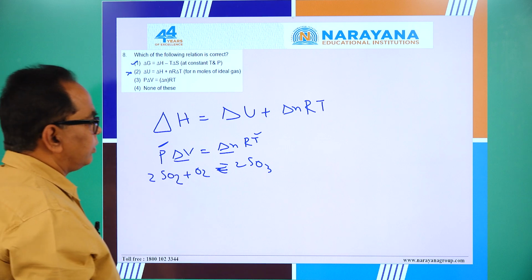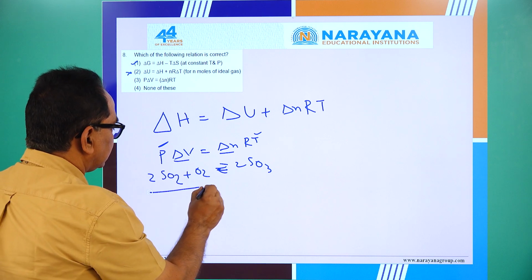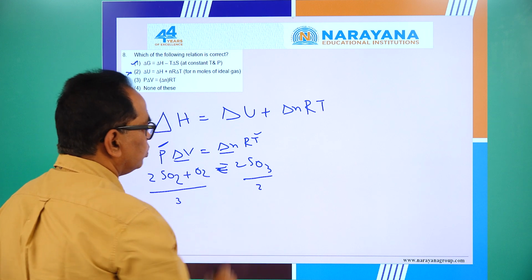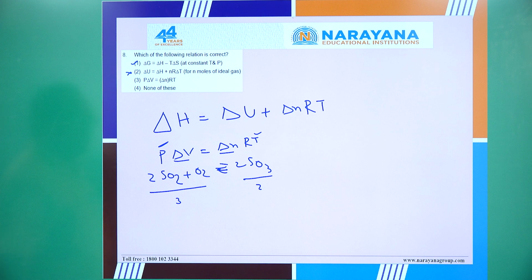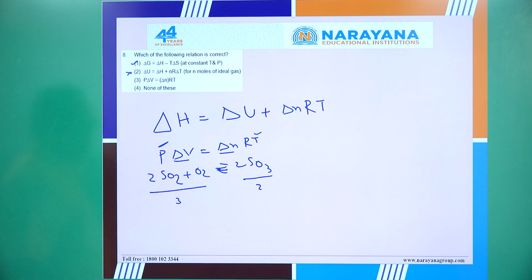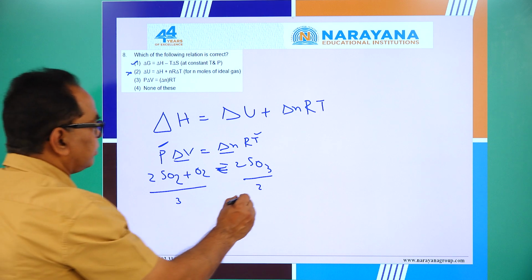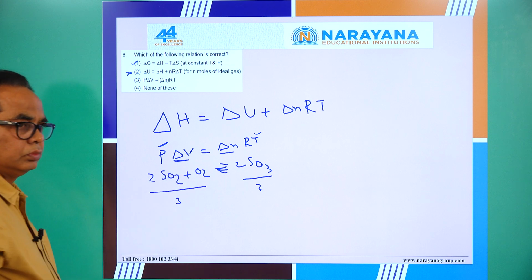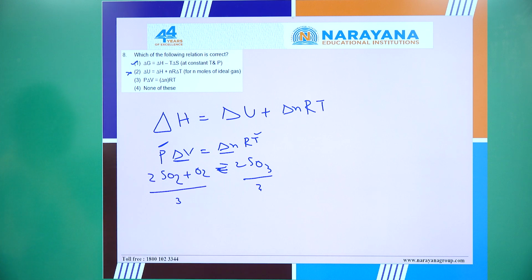There is a change in the number of moles. On the reactant side we have 3 moles, on the product side we have only 2 moles. If it is possible to maintain the same pressure and the same temperature, due to the decrease in the number of moles, there will be a decrease in volume. So this is correct only in the case of a chemical reaction.